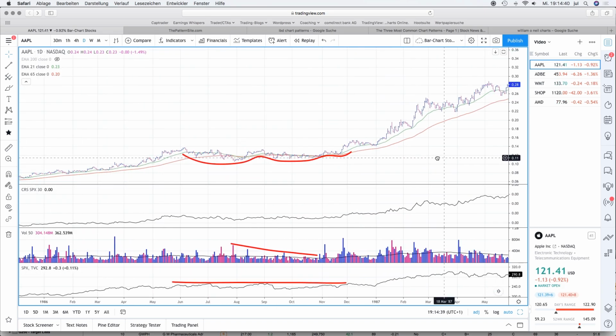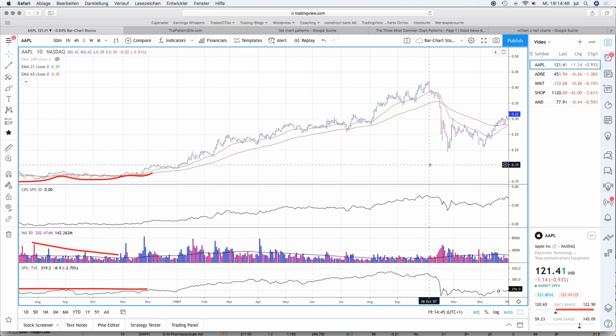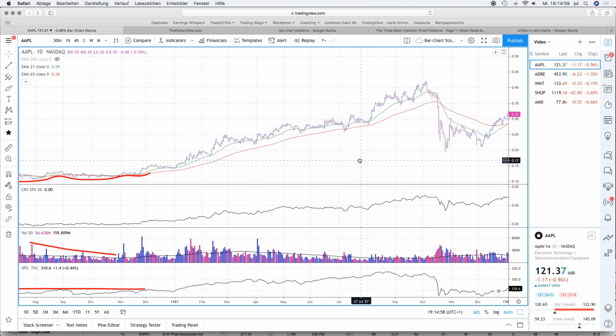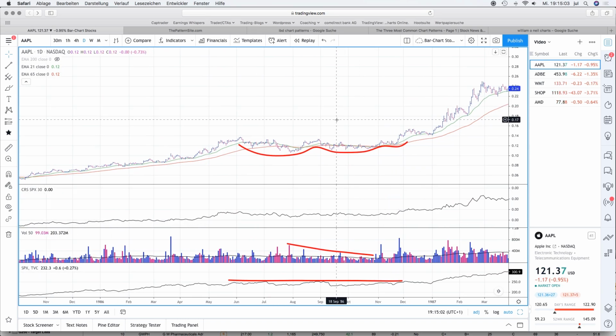Then I can go through all the history of the stock, and I can also see what happened when the stock broke the EMA 65 here, and what was going on around the top of the rally, etc.